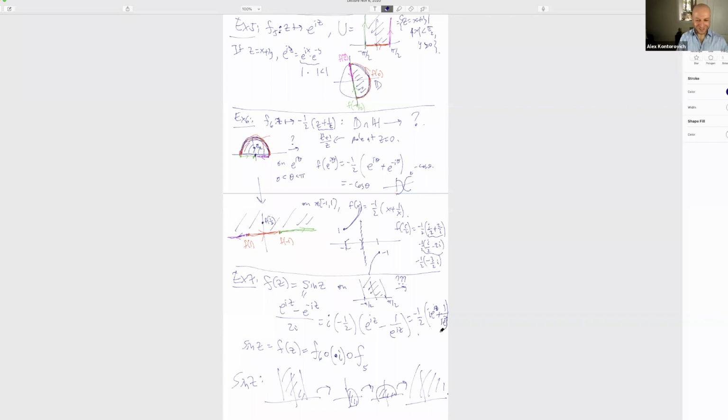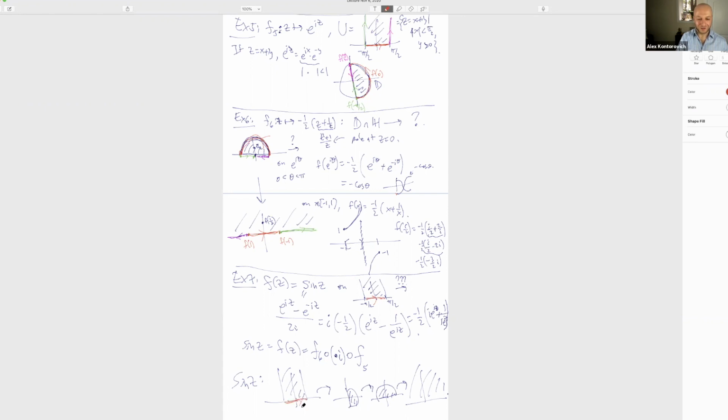So hopefully you can see that these functions were building up to a very simple way of seeing what the sine function does. It takes this region, and we can color it in to remember what happened.